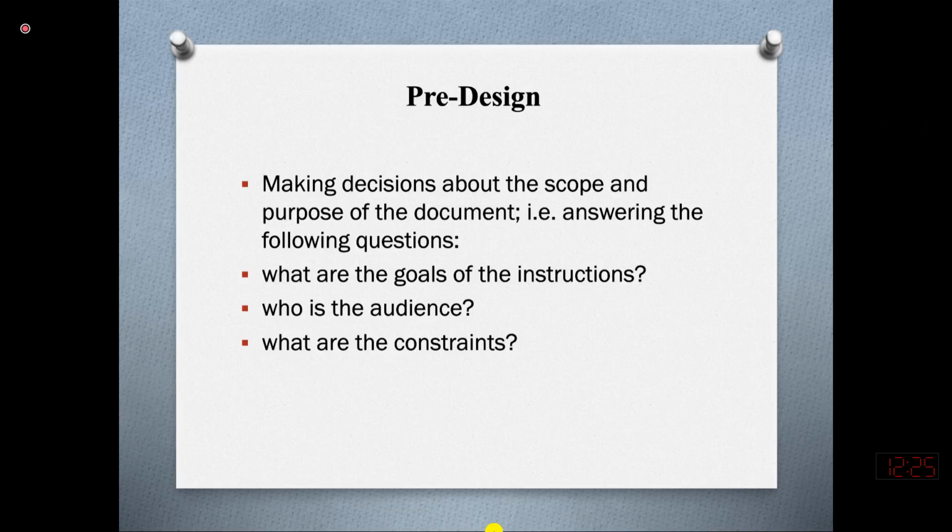When we are giving instructions, whether the person is a technical person or a lay person or a non-technical person, or what the constraints and limitations will be, and what the reaction to those instructions could be. So in the first step, we have to keep all these things in our mind.